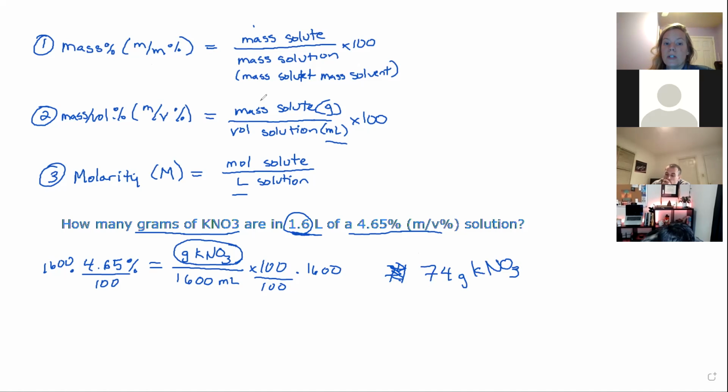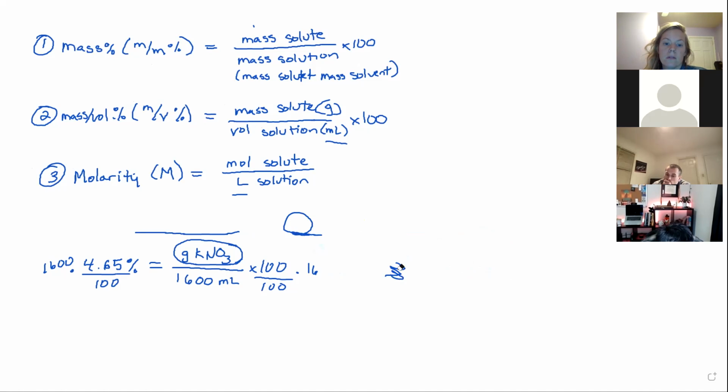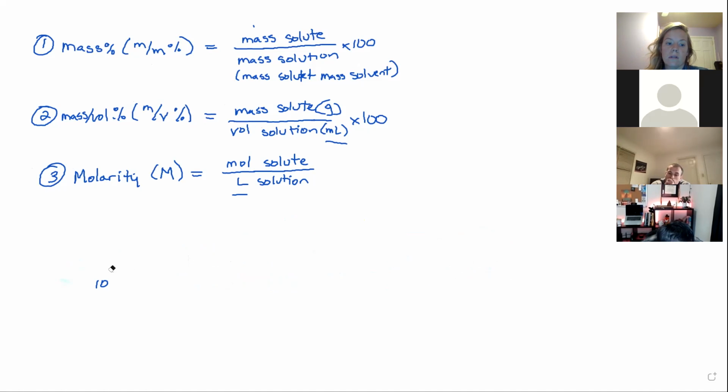So know with concentrations that a lot of times you're solving for the concentration, but sometimes they give you the concentration and you have to solve for one of the other things. I do want to play around with molarity a little bit, just because that one is used so often. So let's do a quick one and then one that requires a little more work.